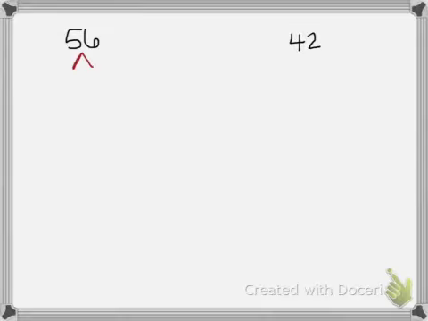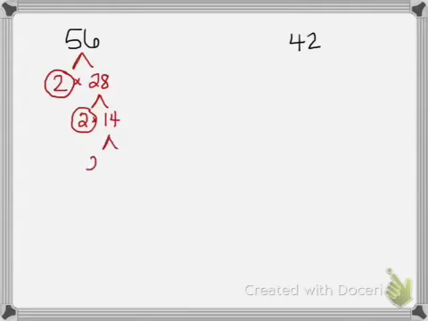With 56, the 2 factors I'm going to split it up with are 2 times 28. We know 2 is prime, so I'm going to circle it. And 28, we can multiply the factors 2 times 14. Again, 2 is prime. And 14 will be 2 times 7.